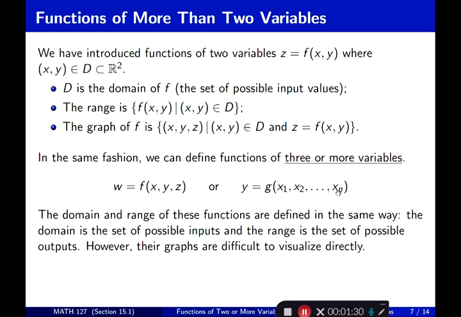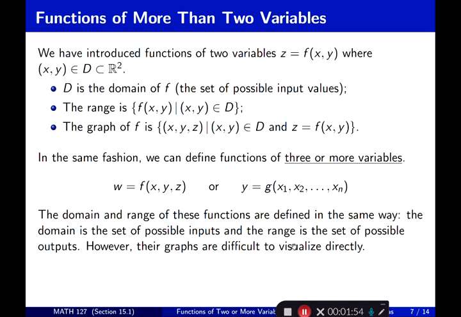For this one the domain is in R3, and for this one the domain is in Rn, so in n-dimensional space, and the range is the set of all possible outputs. And these are all scalar functions, so their range is a subset of R.